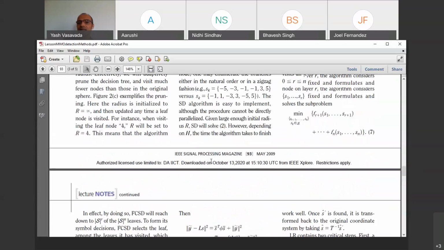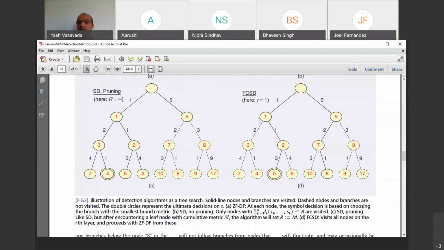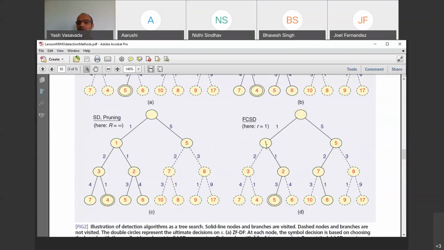The main idea is that we do brute force up to a certain level of the tree. Here they do brute force only up to r equal to 1. And then subsequent to that, they do the decision feedback.